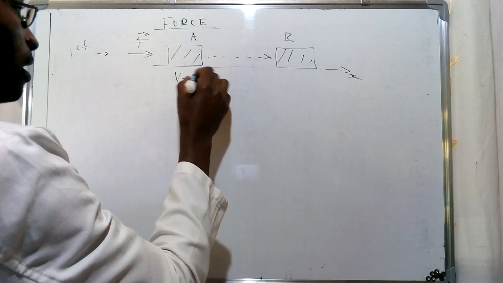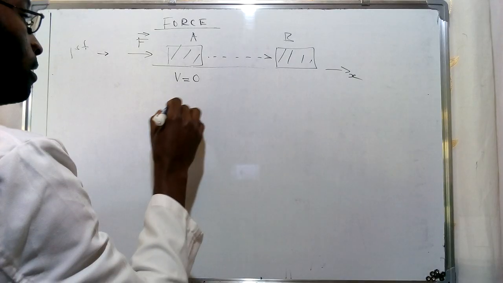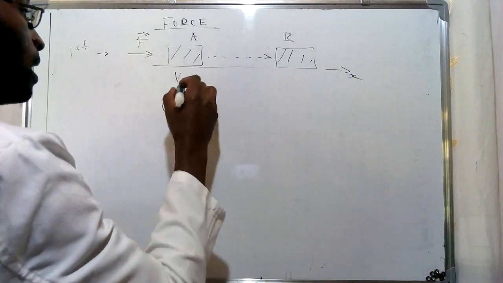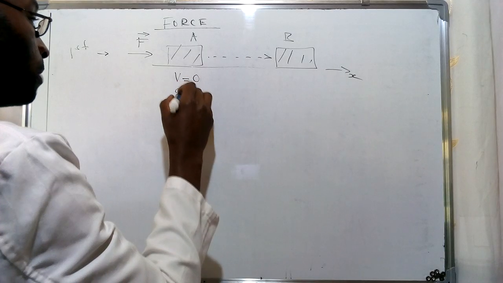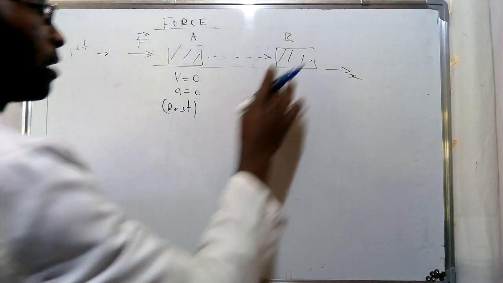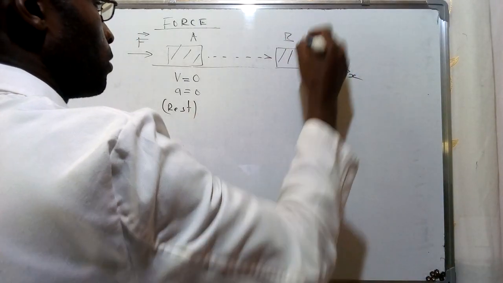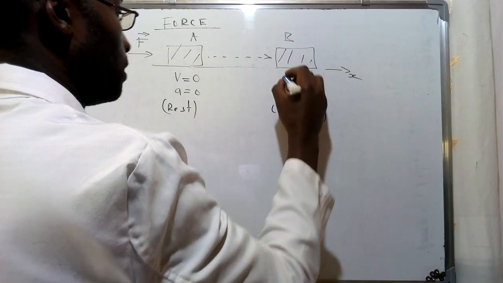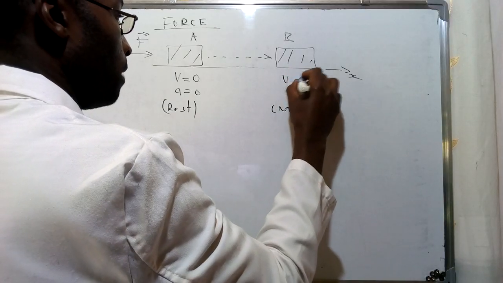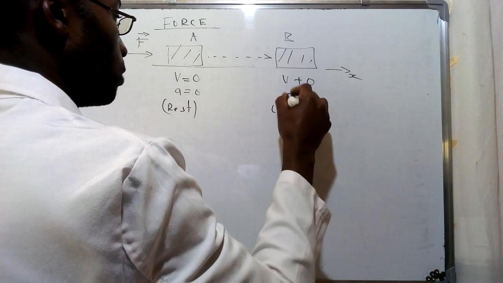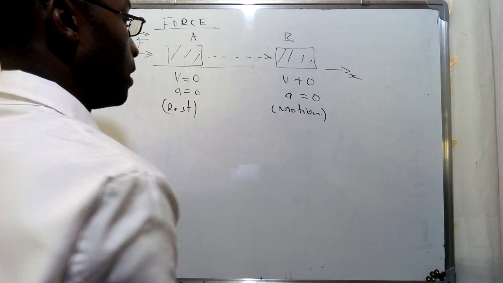So in this case, we shall have this particular object in a state of rest, given its velocity component as 0. Therefore, we shall have the acceleration as 0 as well. Now for the second case, we said that if an object is in a state of motion, we can describe its velocity component as v, the initial velocity, and we describe its acceleration as 0.